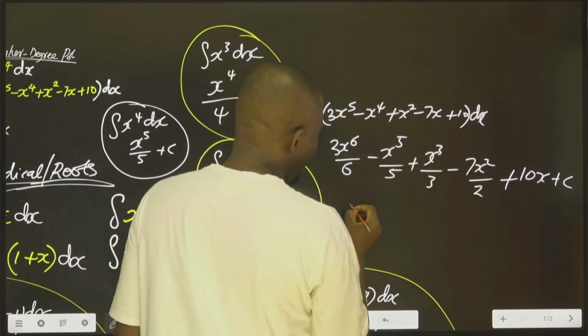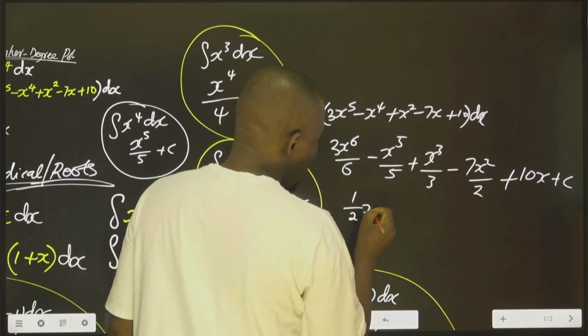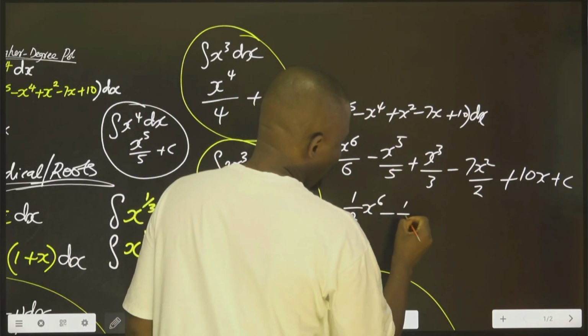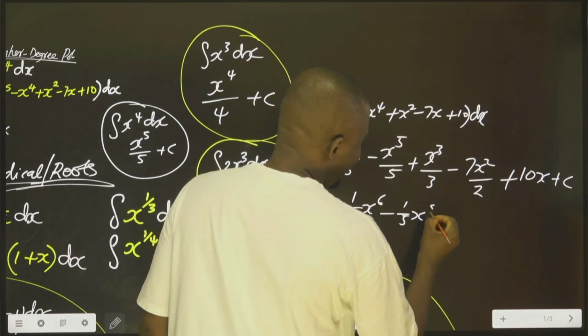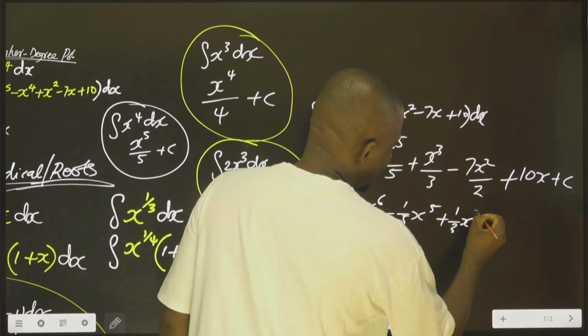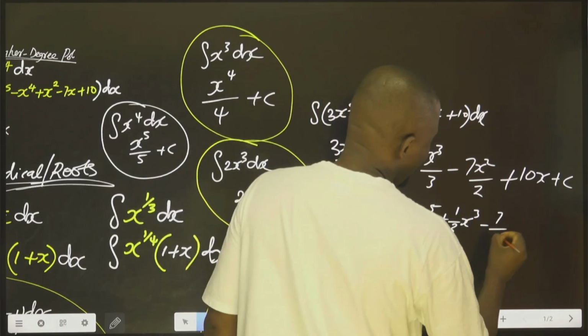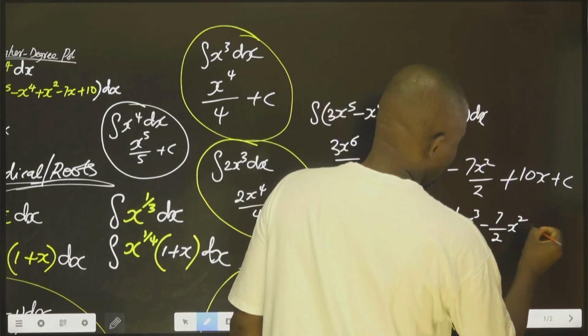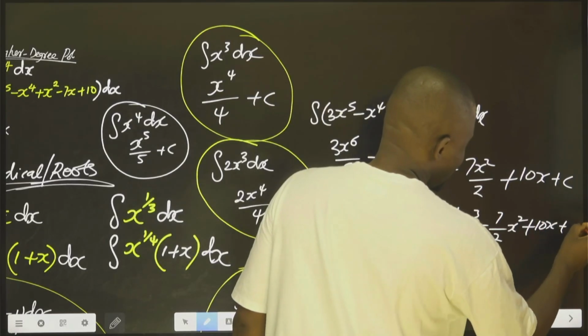If you want to simplify, it's 1 over 2 x⁶ minus 1 over 5 x⁵ plus 1 over 3 x³ minus 7 over 2 x² plus 10x plus C.